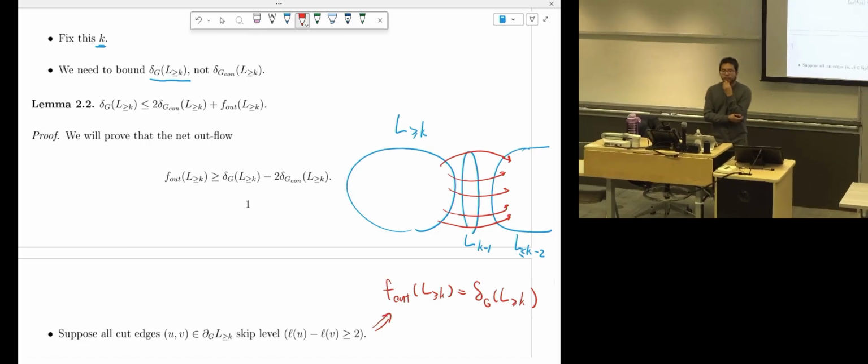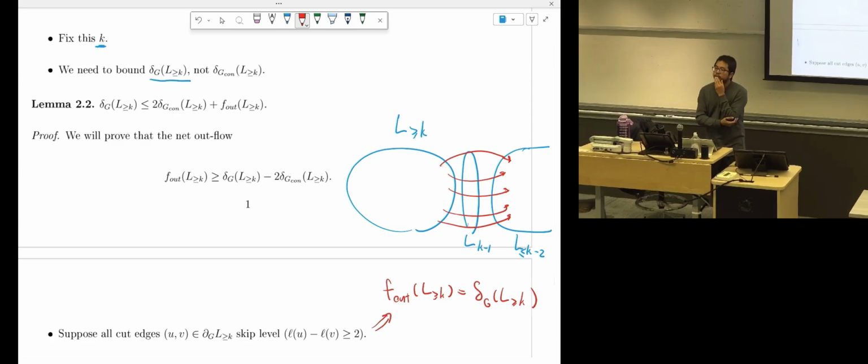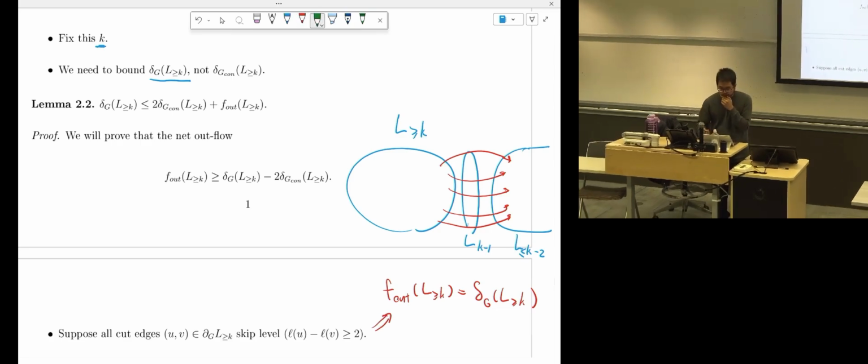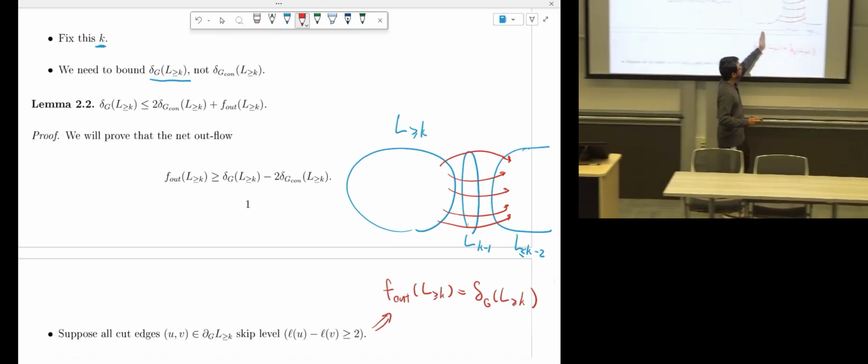Any idea why this should be the case? If it weren't saturated, then you would explore it in the push-relabel algorithm, right? And it would be on a different layer. Yeah, exactly. The idea is that these are edges that skip layers.